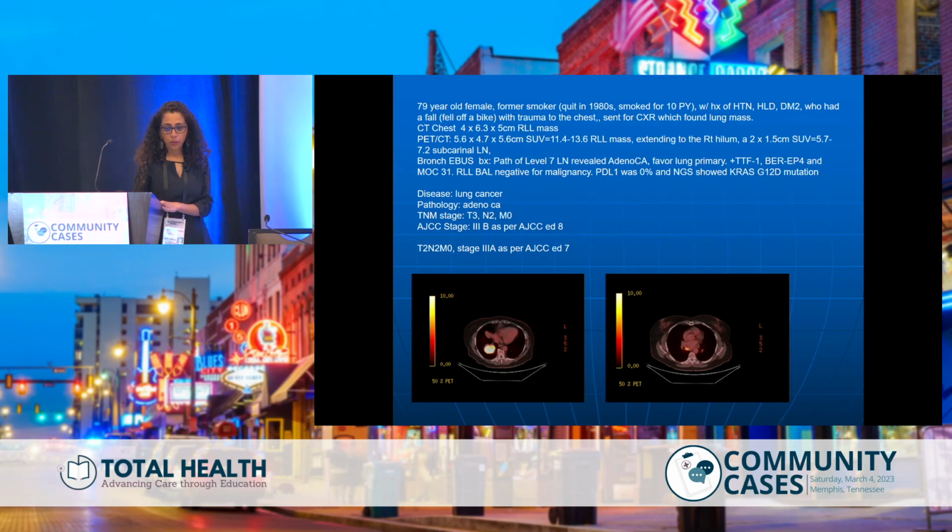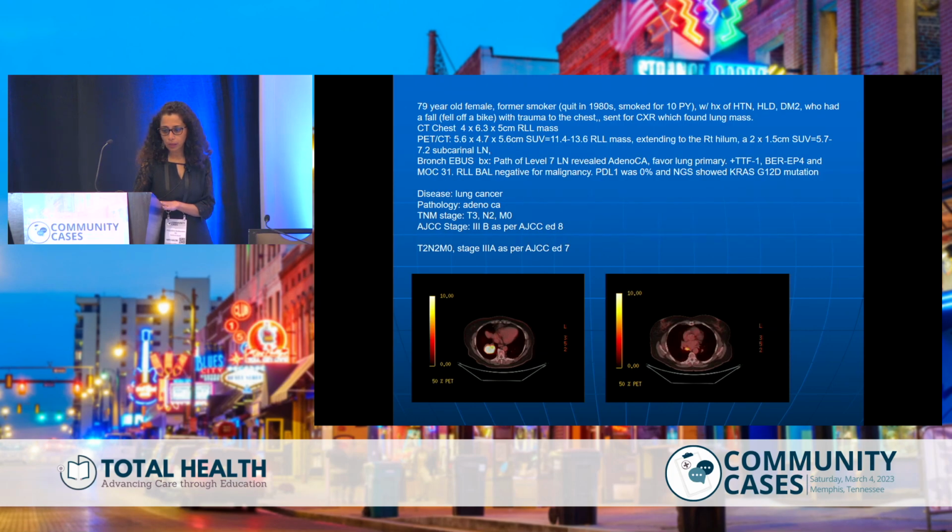So she undergoes bronchoscopy and endobronchial ultrasound biopsy. Pathology of level 7, so an N2 node, is adenocarcinoma favoring lung primary because the markers are very specific here. And PD-L1 is 0%.